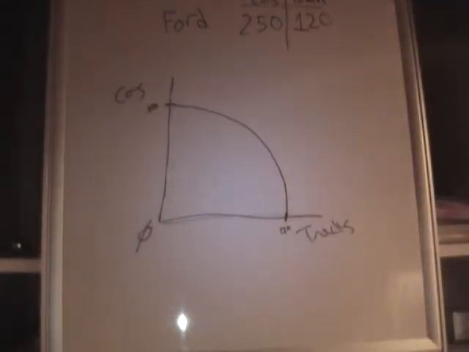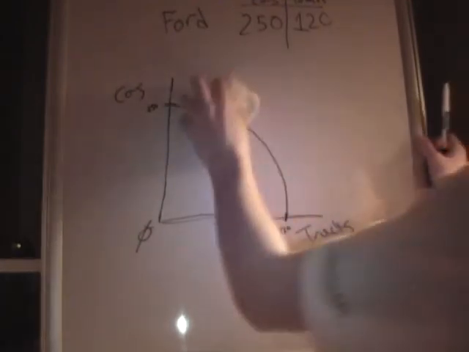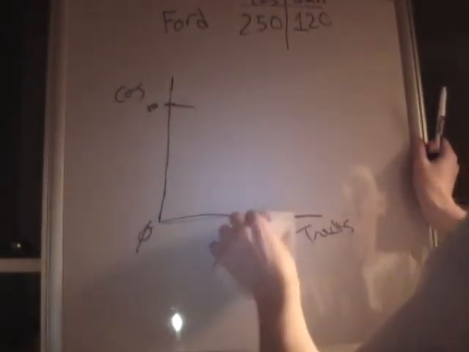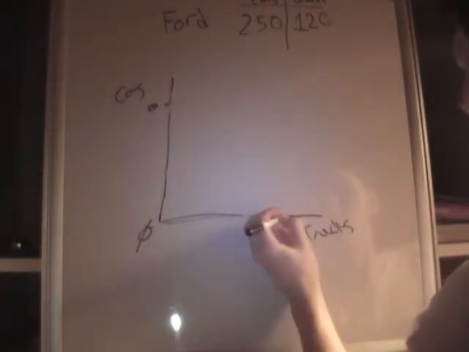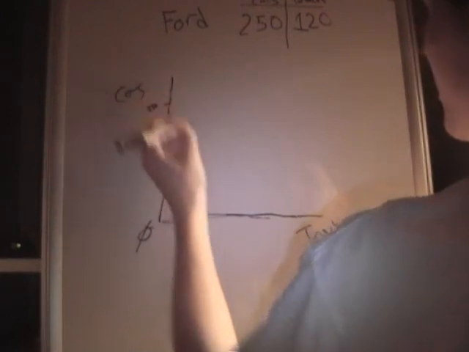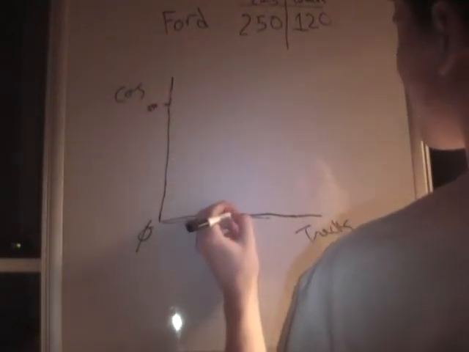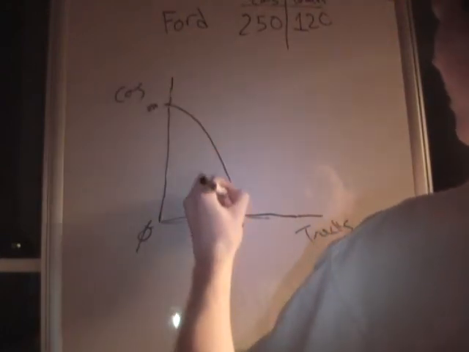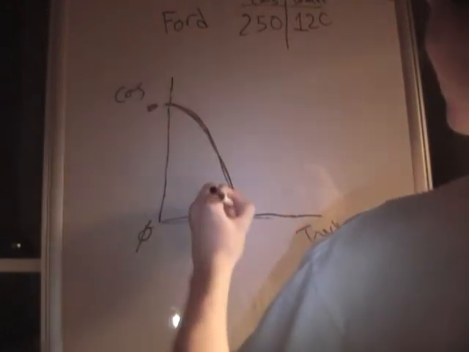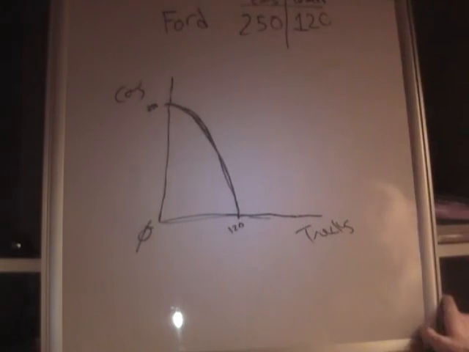So really, if we wanted to make this look a little bit more accurate, because that doesn't look right, we would call this 250, and 125 and 120 would mainly be right here. So the curve would look more like this, which is a very straight curve, by the way.